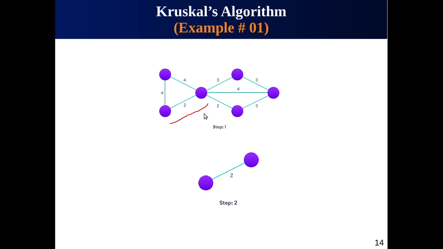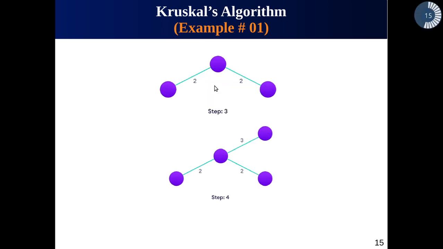Now, after selecting this one, the next step is to choose the next shortest edge and add it to the output. So the next one is this one. It is 2. Add it to the output. That's it.